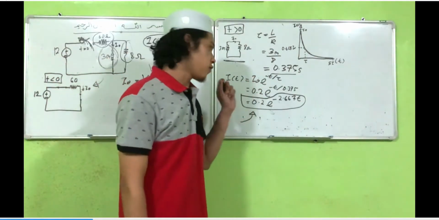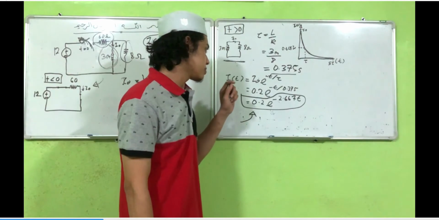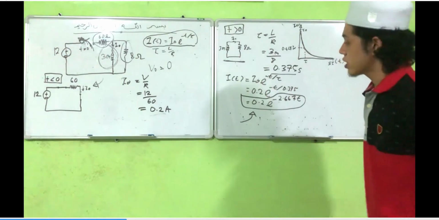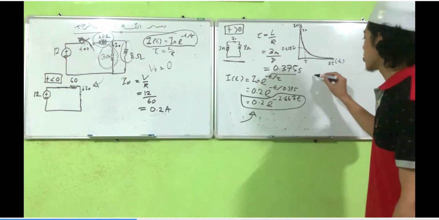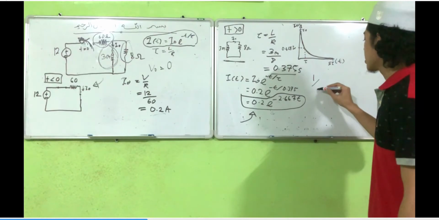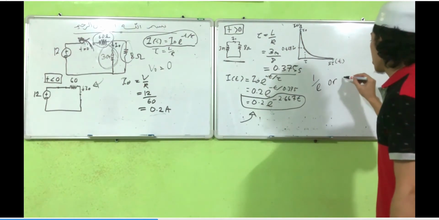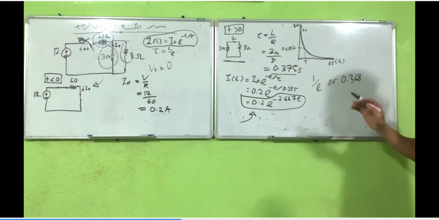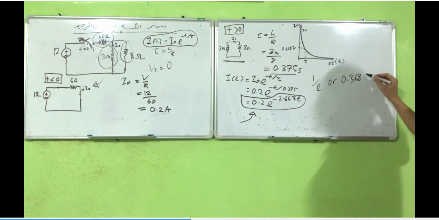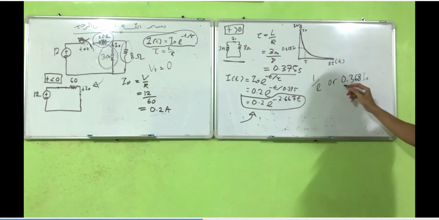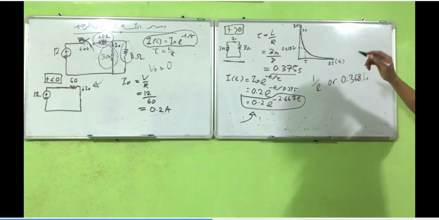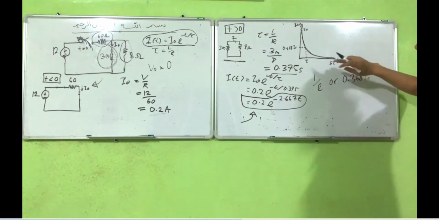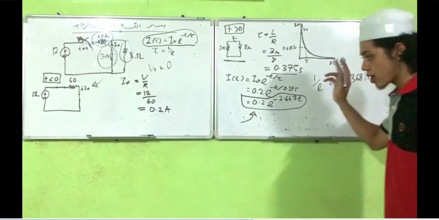To find the value at one tau in the discharging waveform, as we know, at one tau in discharging the current is 0.368 multiplied by I naught. So this is the value for I naught at 1 tau.